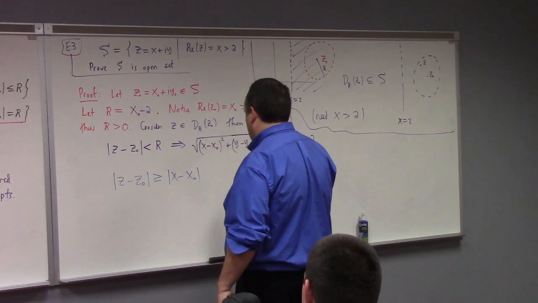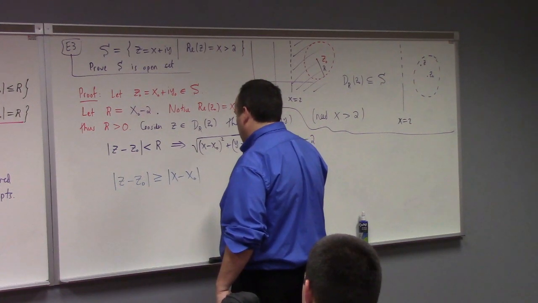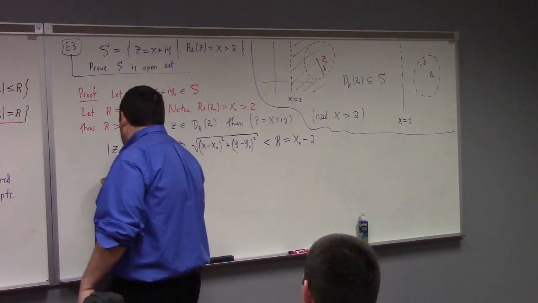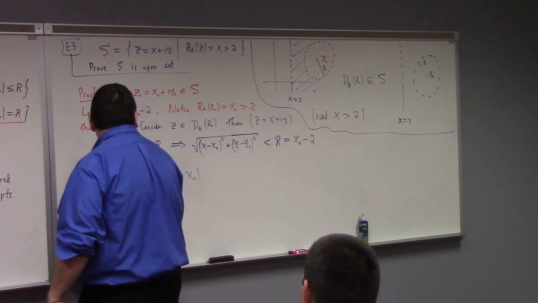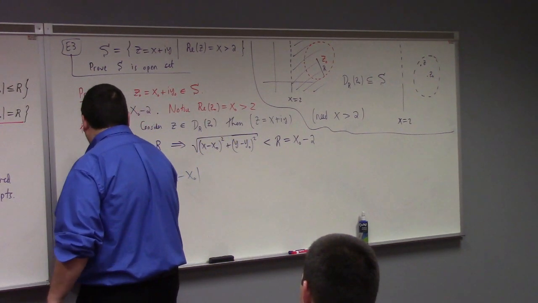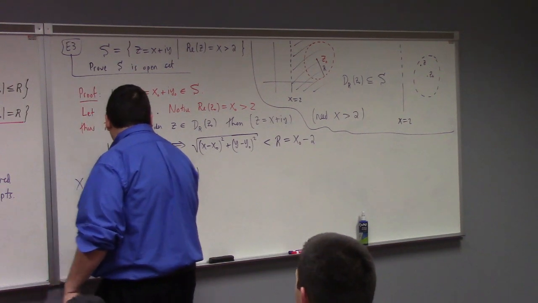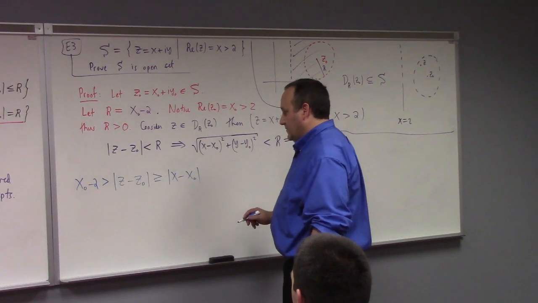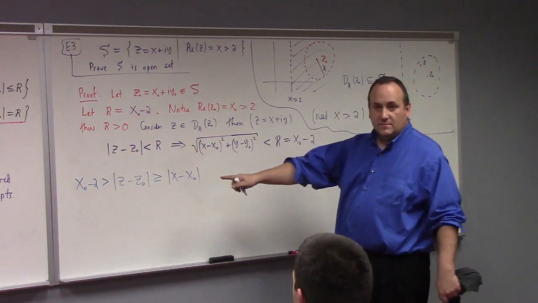Less than x naught minus 2. Oh, you're saying this is less than x naught minus 2. Yep. Does everyone agree with this?